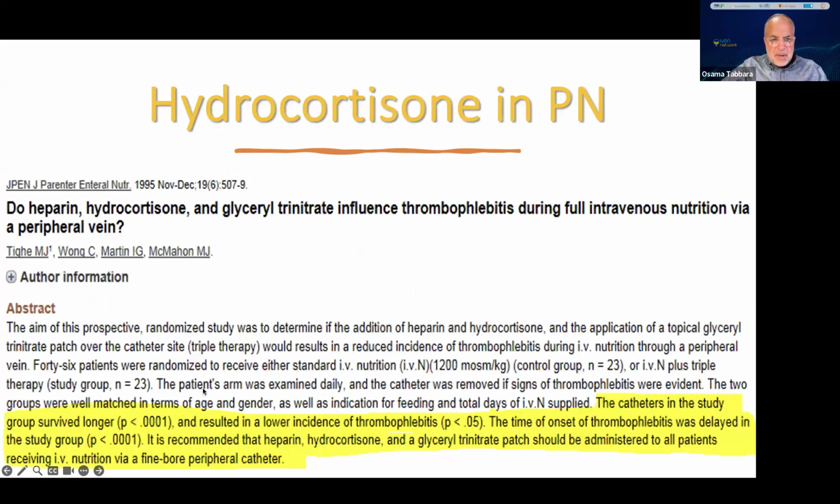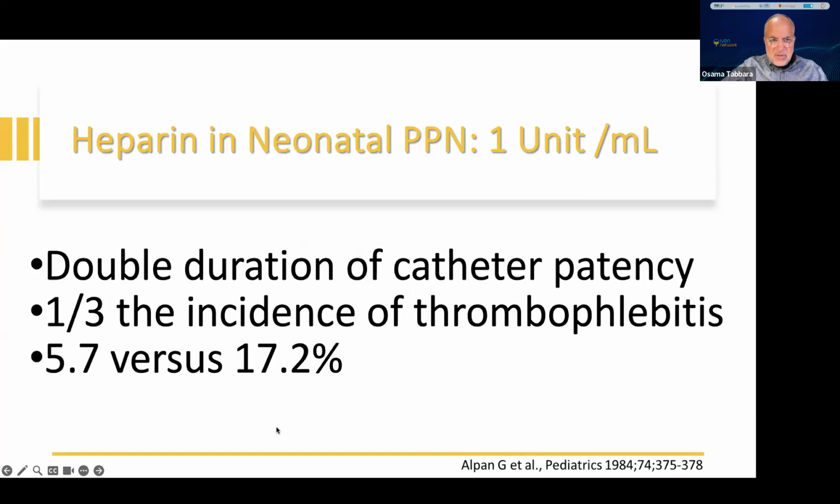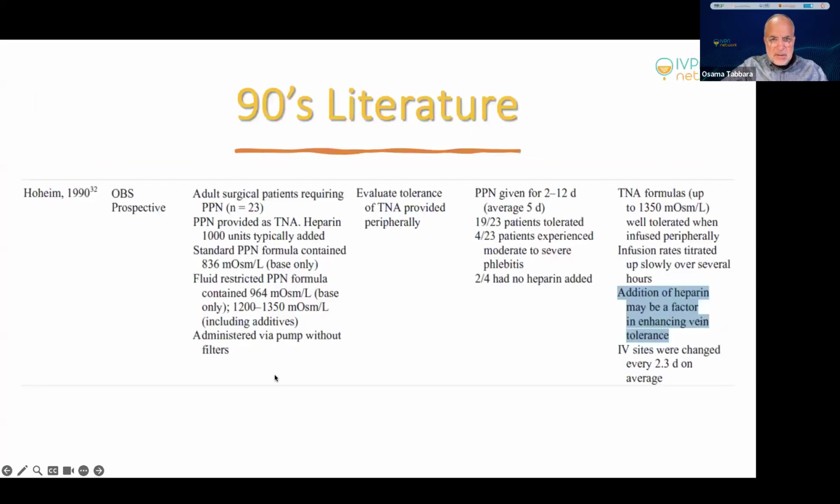So hydrocortisone and parenteral nutrition, this is a nice study in 1995, and the catheters in the study group survived longer and resulted in lower incidence of thrombophlebitis. Heparin in neonates doubled the duration of catheter patency and reduced the incidence of thrombophlebitis to a third. It is 5.7 versus 17.2% chance of phlebitis.